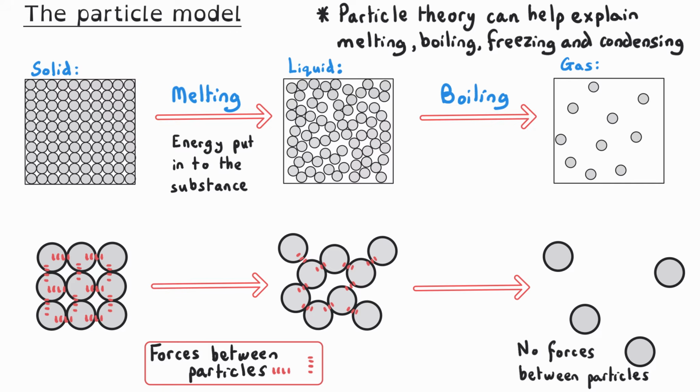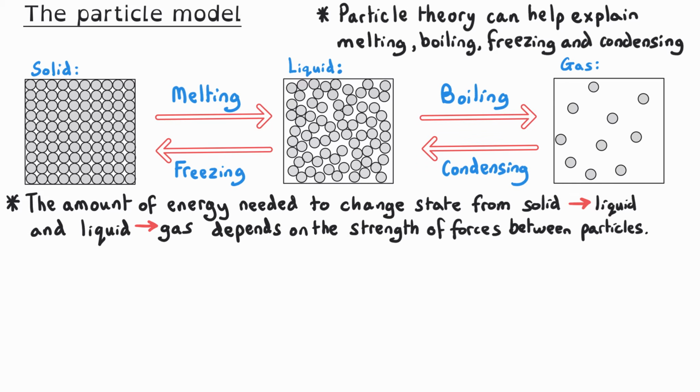That's why the gas particles are arranged entirely randomly and entirely separately, and they're very disorganized. The energy required to convert a liquid into a gas is supplied once a material reaches its boiling point.